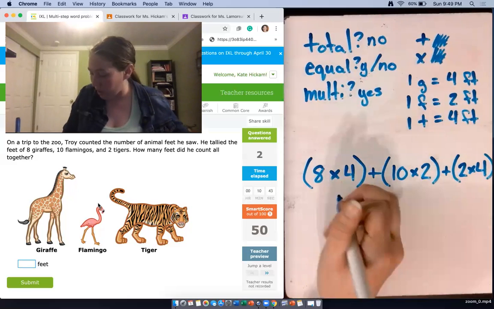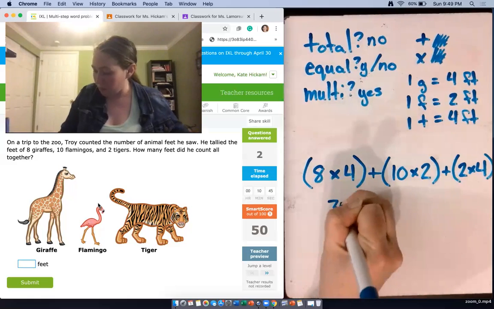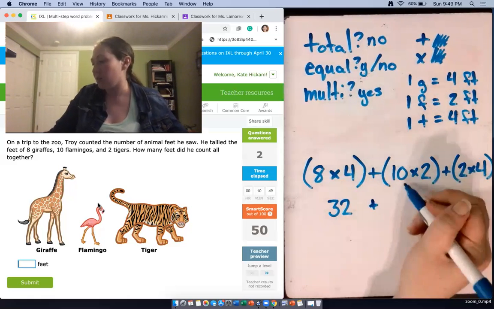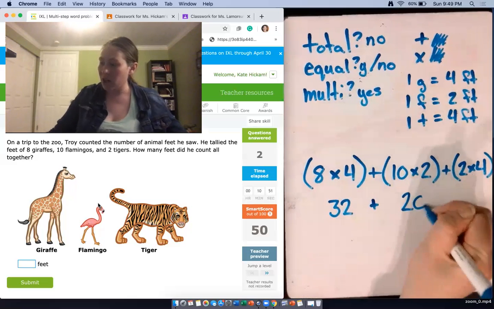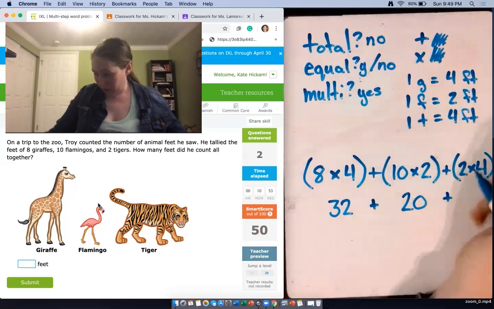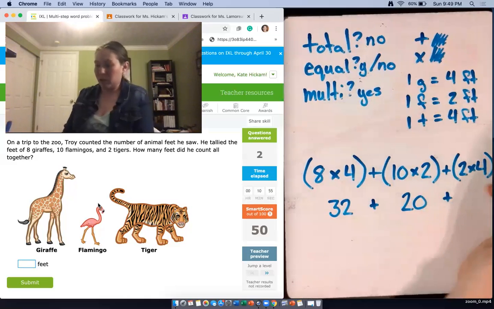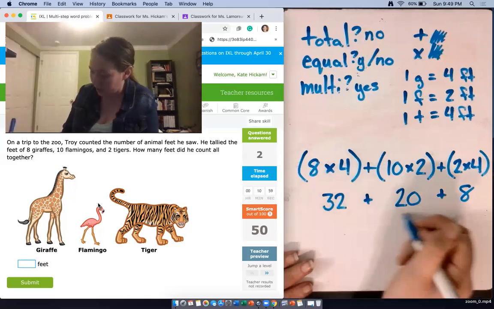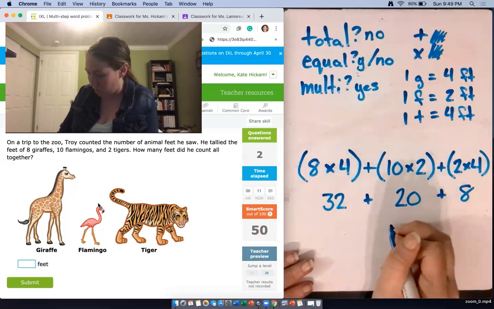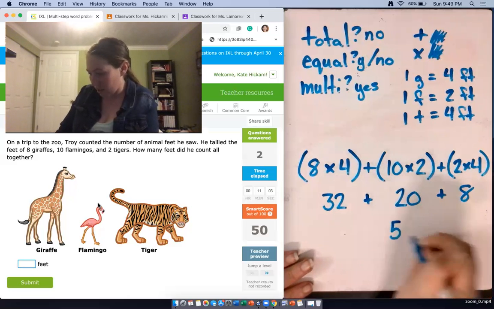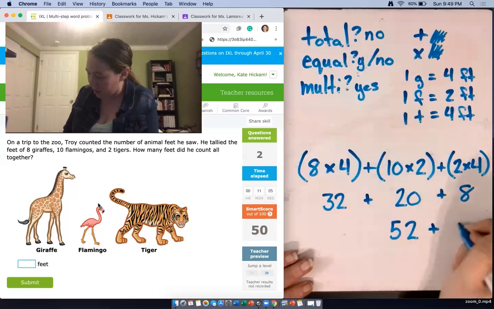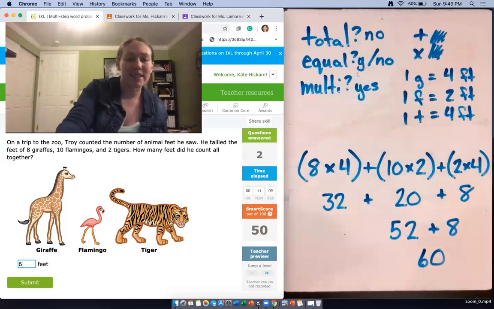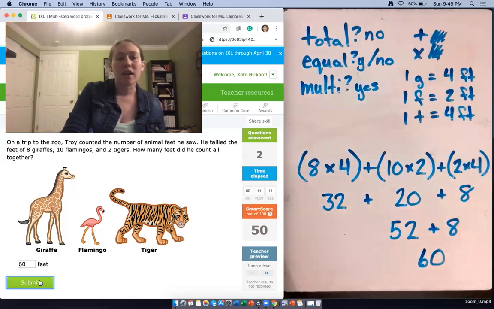So I have 32 plus, because that doesn't change. 10 times 2 is 20 plus, because that doesn't change. 2 times 4, which is 8. Well, 32 plus 20 is 52 plus 8 is 60. So he saw 60 feet.